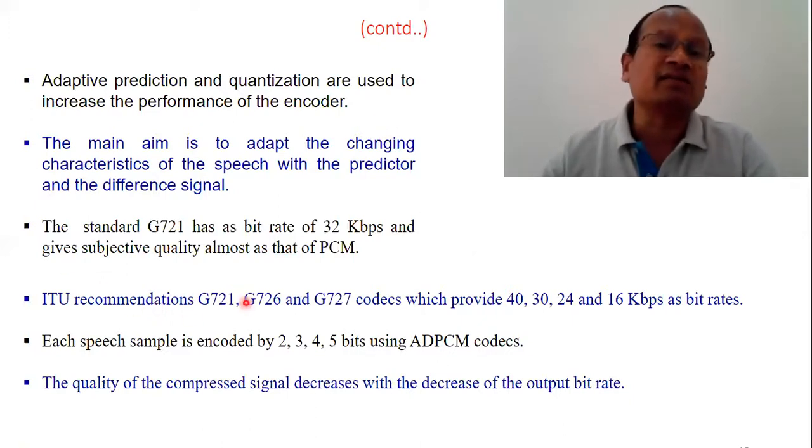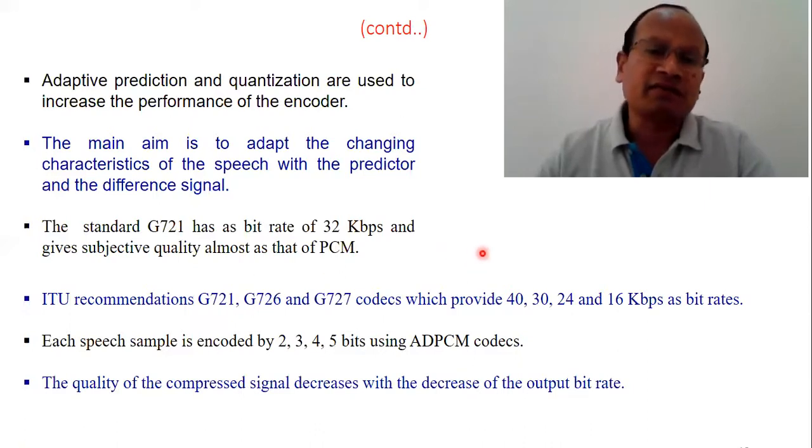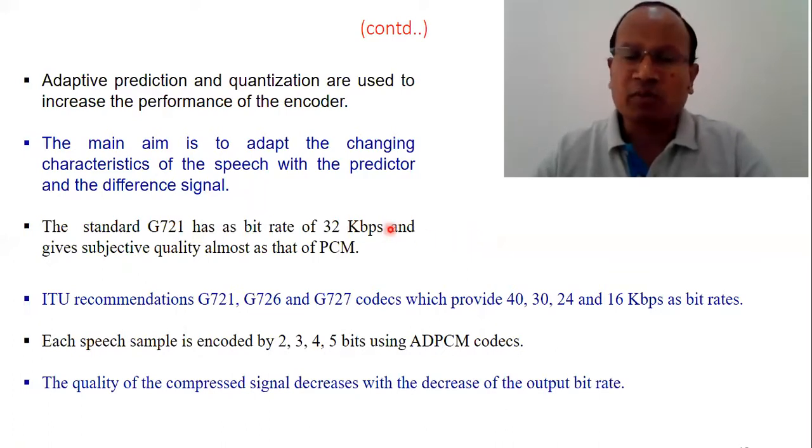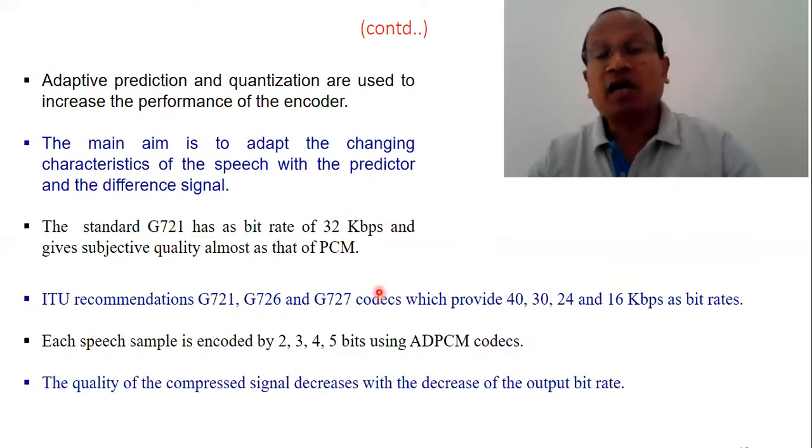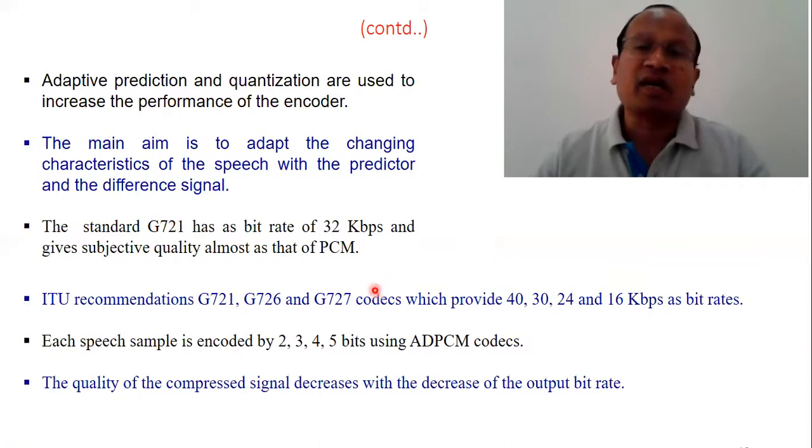These are the different standards of ADPCM systems recommended by the ITU, International Telecommunication Union: G.721 at 32 kbps, and 721, 726, 727 are the different standards recommended by the ITU. They provide 40, 30, 24, 16 kbps ADPCM.